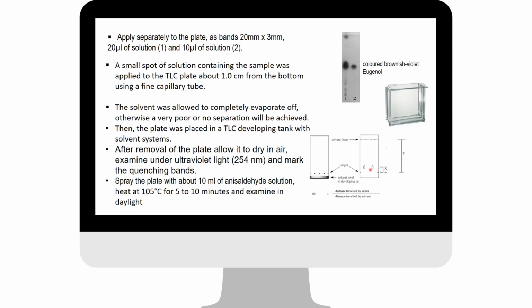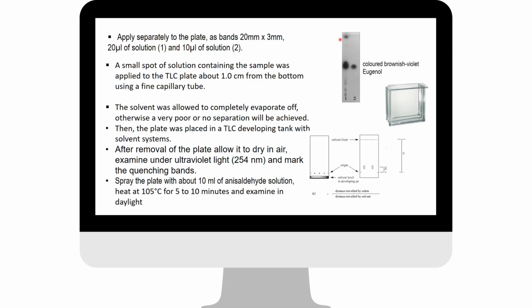The formula is given. Rf value is the distance traveled by the solute divided by the distance traveled by the solvent. The solvent generally covers around 70 to 80%. Suppose the solute covers 0.4 and the solvent covers 0.8. So 0.4 by 0.8 is the Rf value, right?